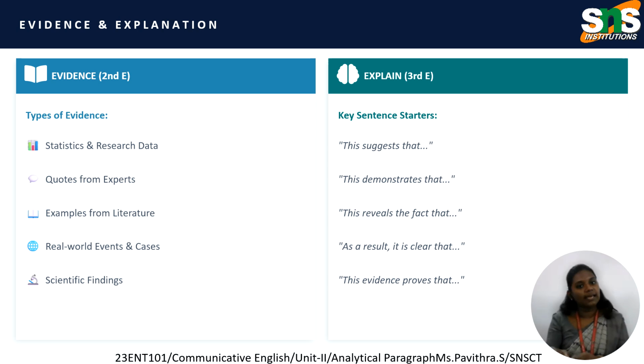Try phrases like, this suggests that, this demonstrates that, this reveals the fact that, as a result, it is clear that, this evidence proves that. These little phrases are the bridge between your evidence and your point. Don't skip them.